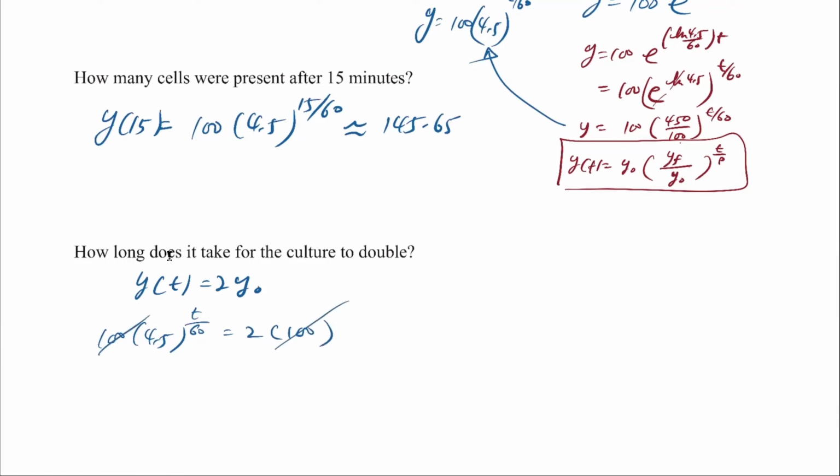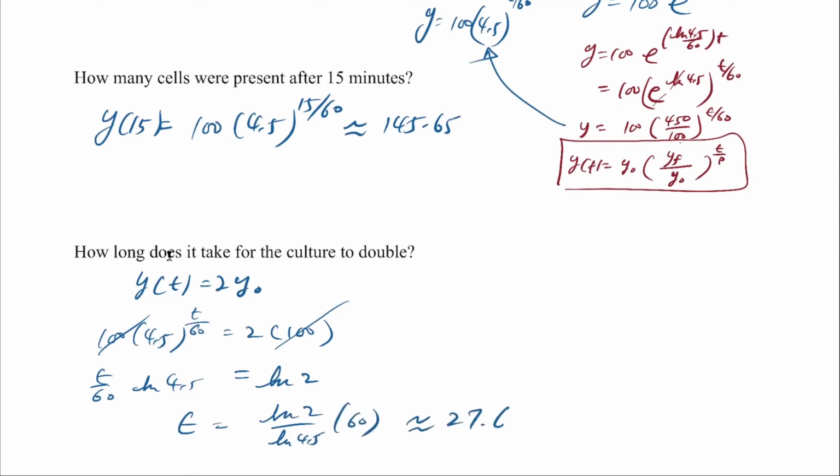We ln both sides and end up with t over 60 times ln of 4.5 equals ln of 2. So t is equal to ln of 2 over ln of 4.5 times 60, and that should give you approximately 27.65. So it will take you 27.65 minutes to double the population.